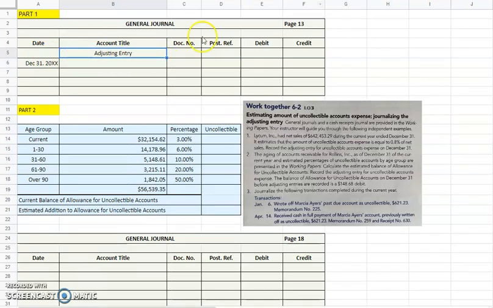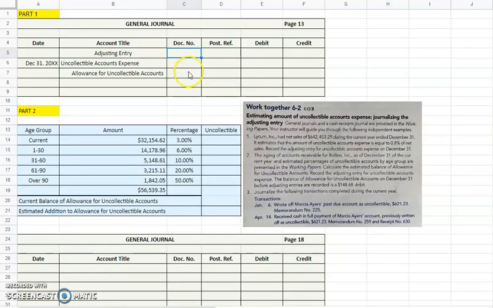We generally should center it, same thing with closing entries. It just provides some separation. So uncollectible accounts expense will be our debit. Our credit will be allowance for uncollectible accounts. There won't be a document number for this. It's an adjusting entry.